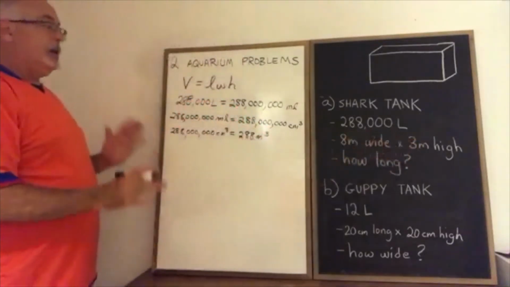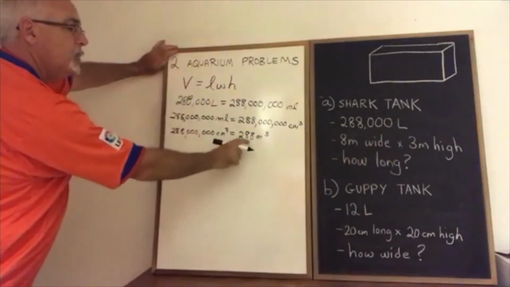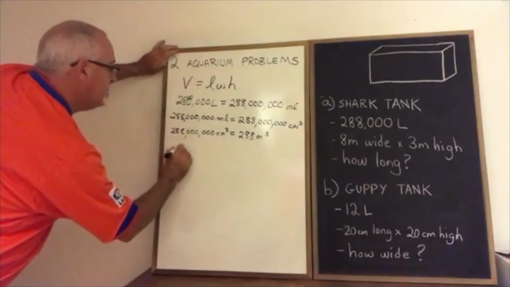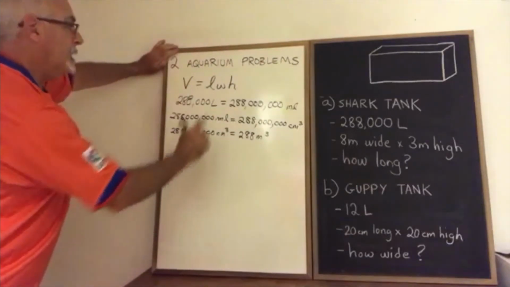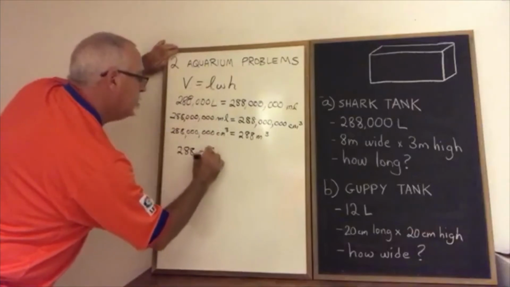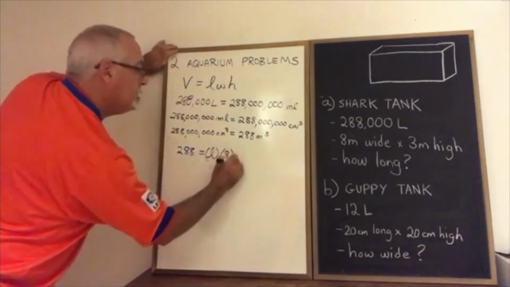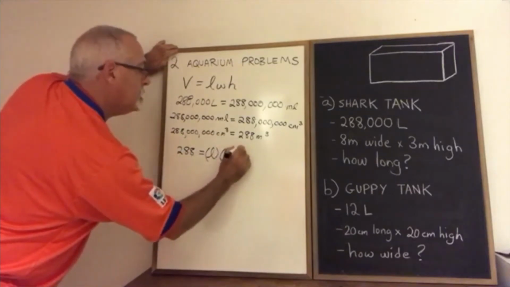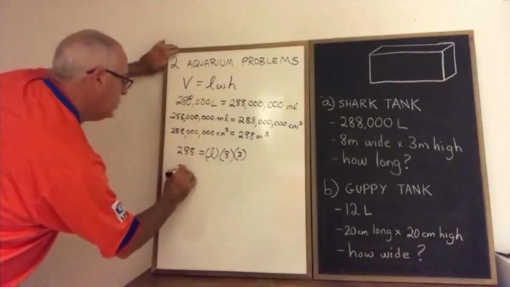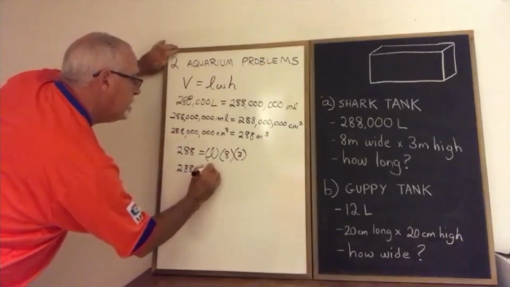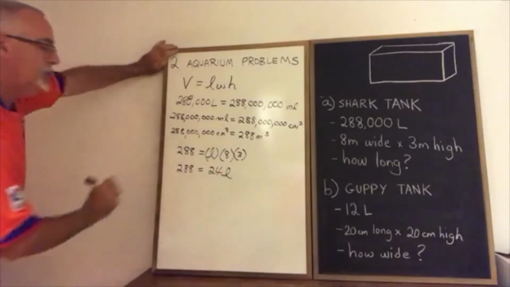Now I can get into my formula, and I'm replacing the V with the volume 288. The length is my unknown. The width is 8, and the height is 3. Now we can simplify inside our formula. 8 times 3 is 24, so we have 24L equals 288.